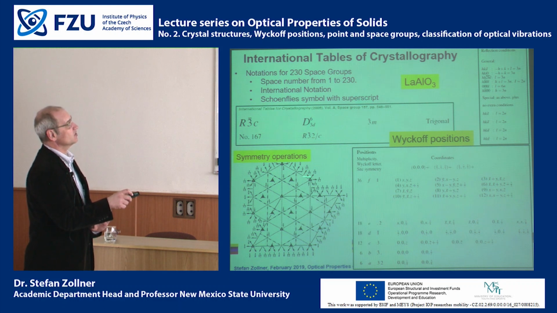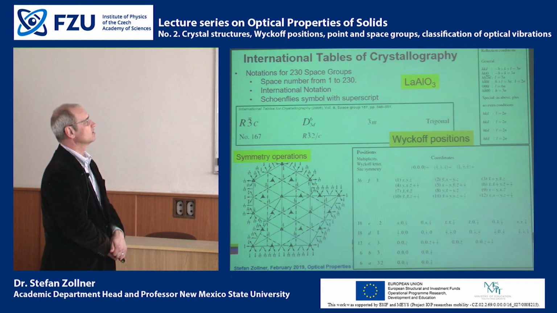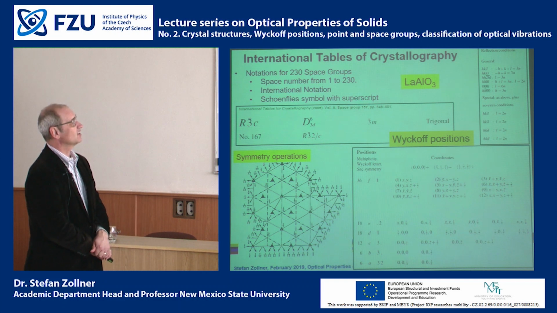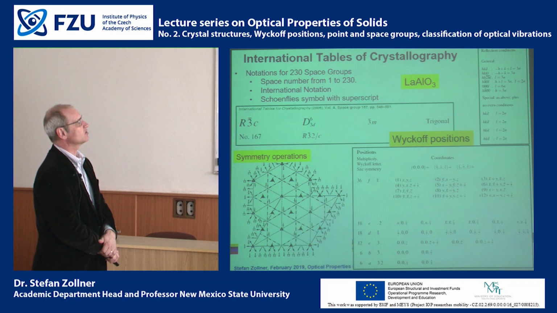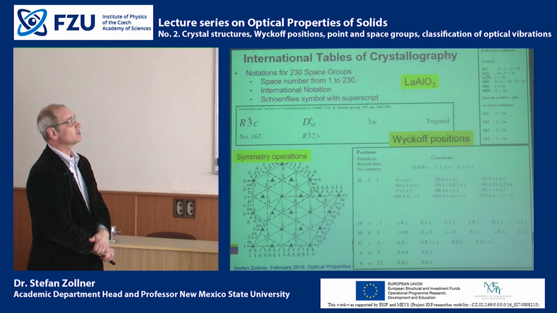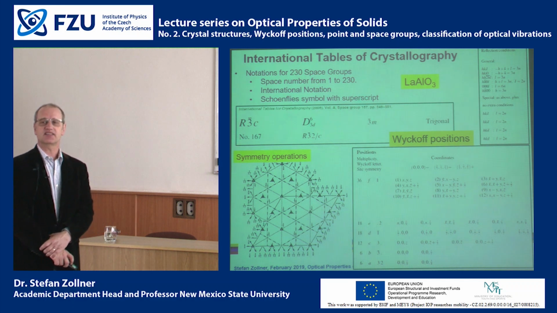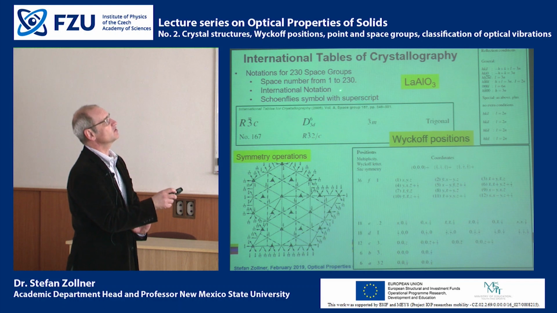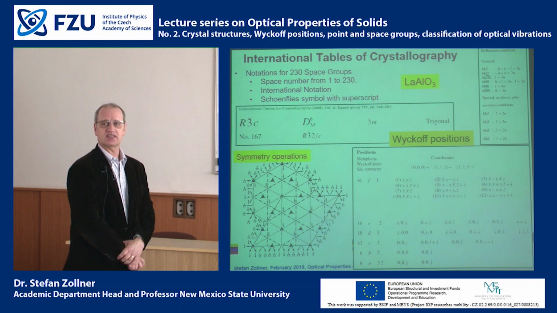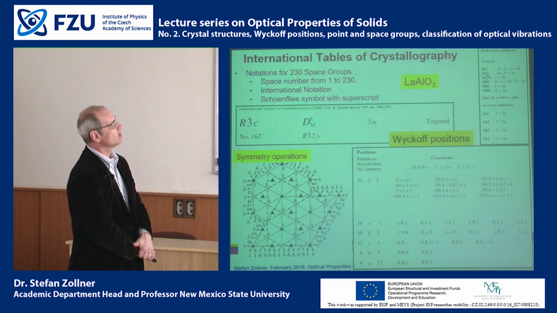In addition to this graphical representation, you find in the international tables also the matrix operations for the symmetries. There is usually a table which gives you the systematic extinctions in X-ray diffraction. So if you have a crystal with this space group, which X-ray reflections are automatically missing? So that is good to know.